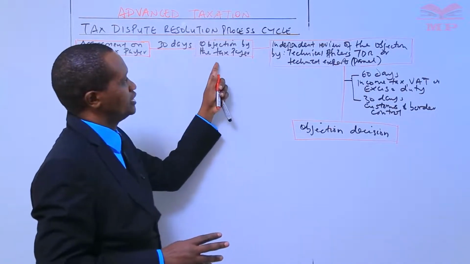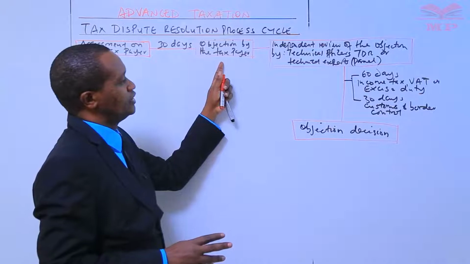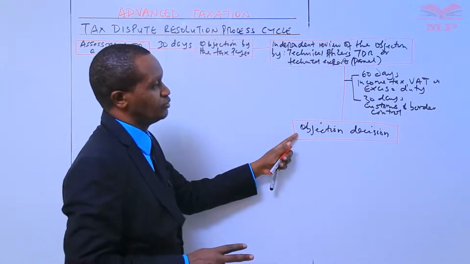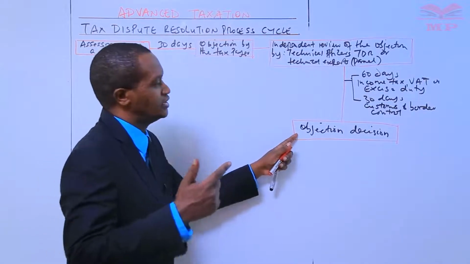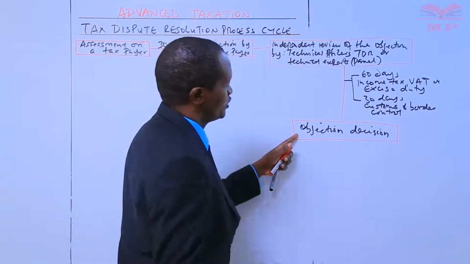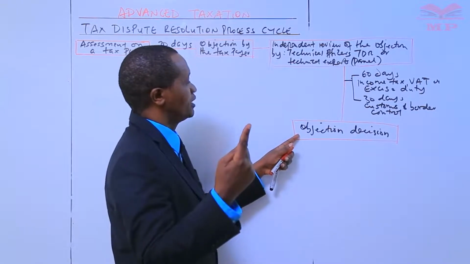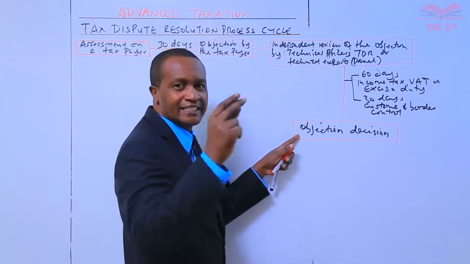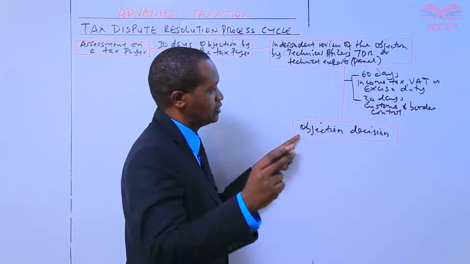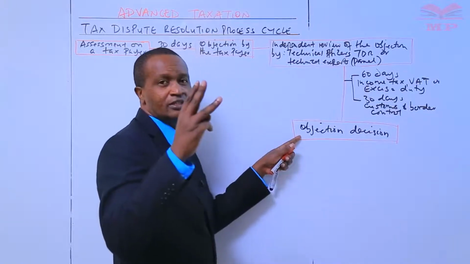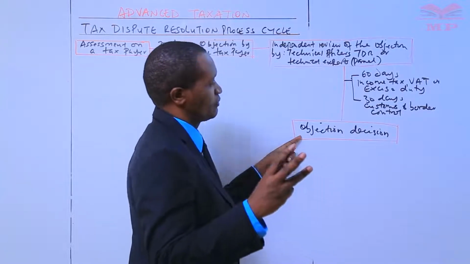The first one is that this objection decision that is communicated could be that the tax administrator either allows the objection by the taxpayer, or partly allows it, or disallows it. There are 3 scenarios.